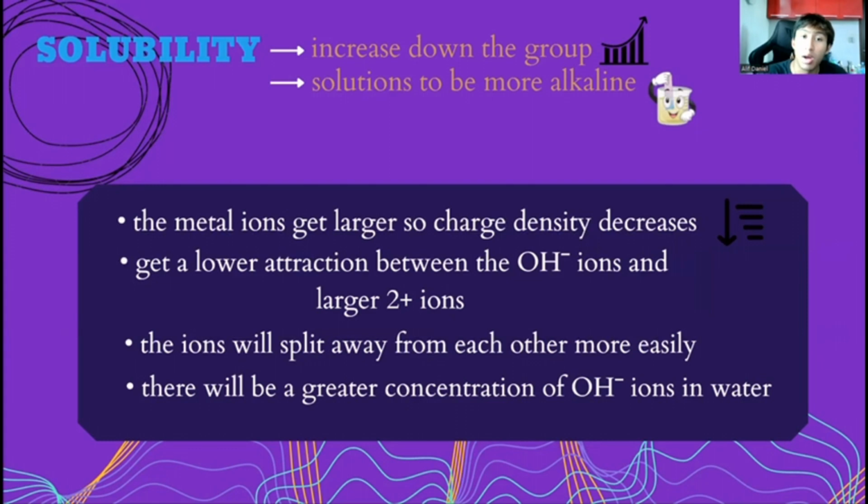This is because barium is further below than magnesium. So what we can take from here is that the metal ions get larger, so charge density decreases. There will be lower attraction between the hydroxide ions and the larger ions, and the ions will split away from each other more easily. Therefore, there will be a greater concentration of hydroxide ions in water.